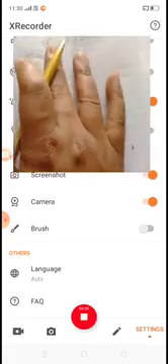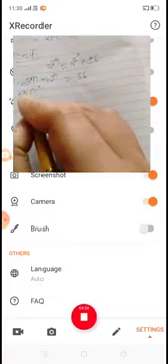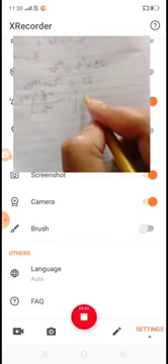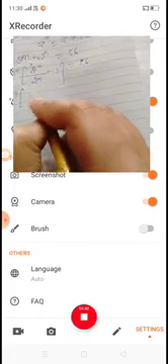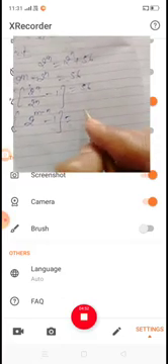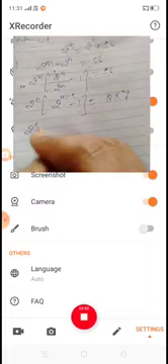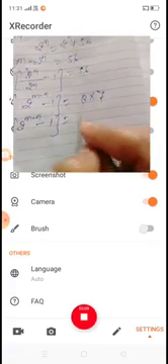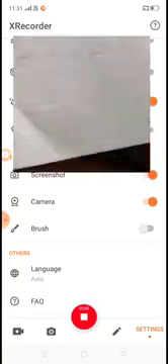Now 2 to the power n is common, so we take 2 to the power n common: 2 to the power n times (2 to the power m minus n, minus 1) is equal to 56. Here we write 56 as 8 into 7, that is 2 to the power 3 times (2 to the power 3 minus 1).